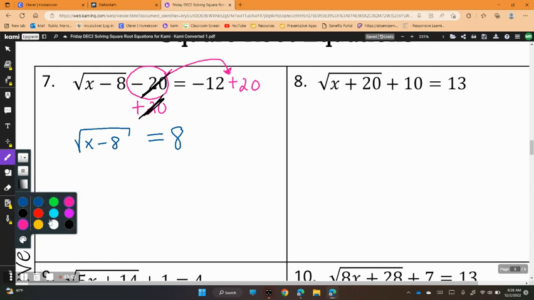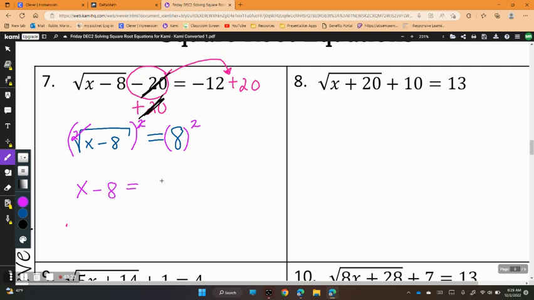Now I can square or raise both sides to the power of 2. These cancel each other out.